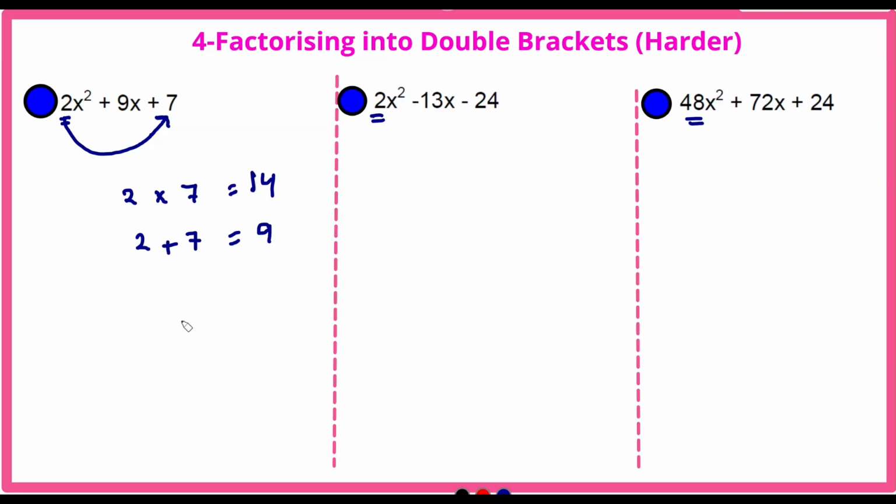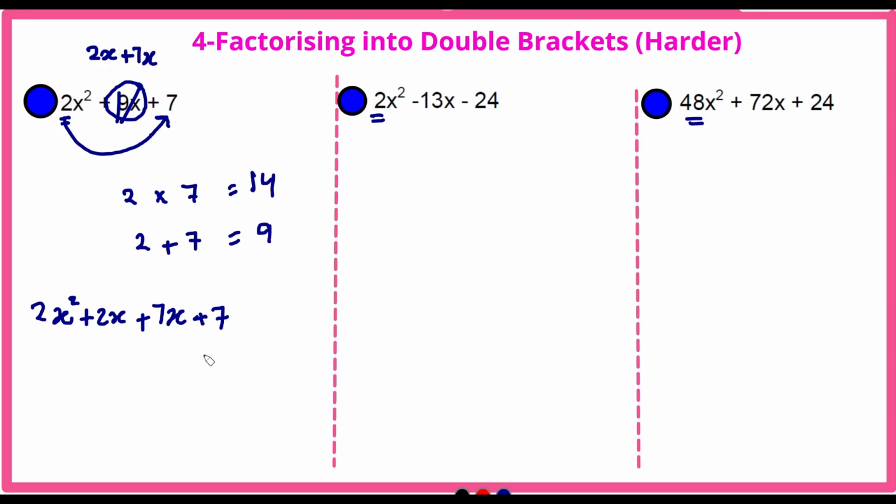Do I open brackets? No, I don't open brackets. I rewrite the middle bit using 2 and 7. So it's going to be 2x add 7x instead of that. So it becomes 2x squared plus 2x plus 7x plus 7.